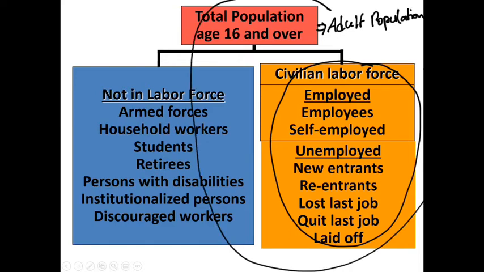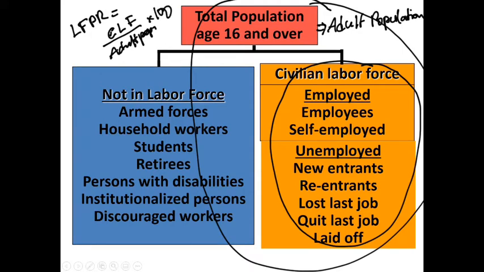So what is the labor force participation rate? So I can put that here. Labor force participation rate is basically the number of people in the civilian labor force divided by the number of people in adult population times 100.